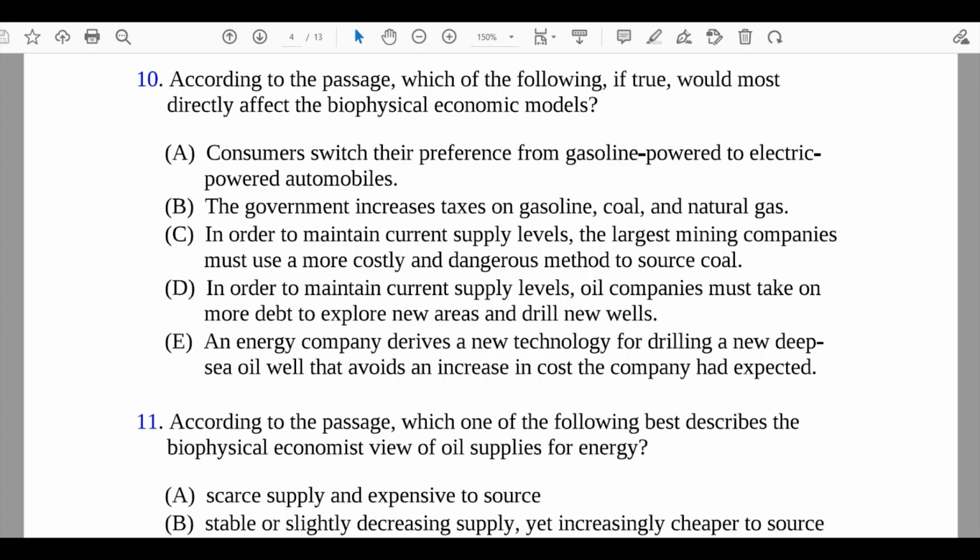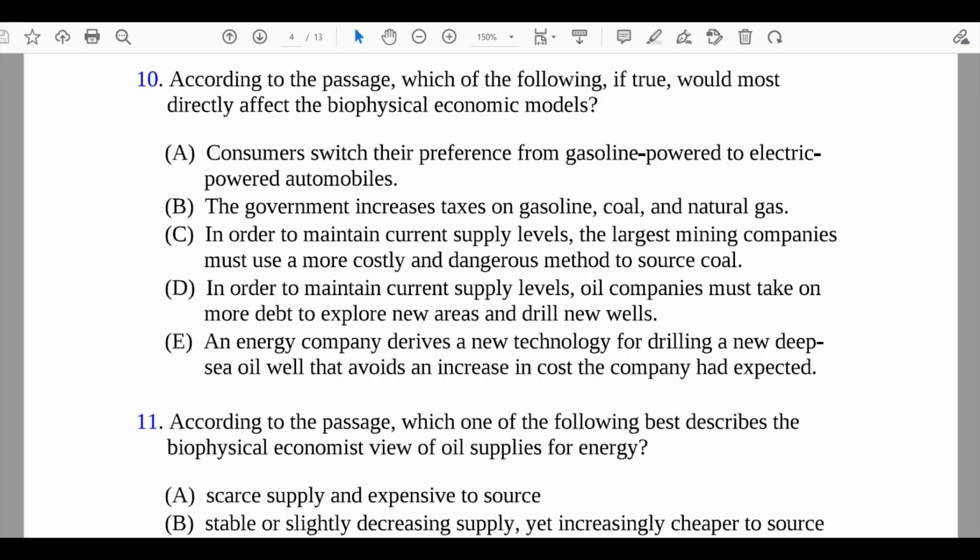The question asks that you need to choose which event among these possible answers would most directly affect a biophysical economic analysis. Since their approach is based on the EROI, you are looking for an event that directly affects the energy delivered by a process or used in that process.